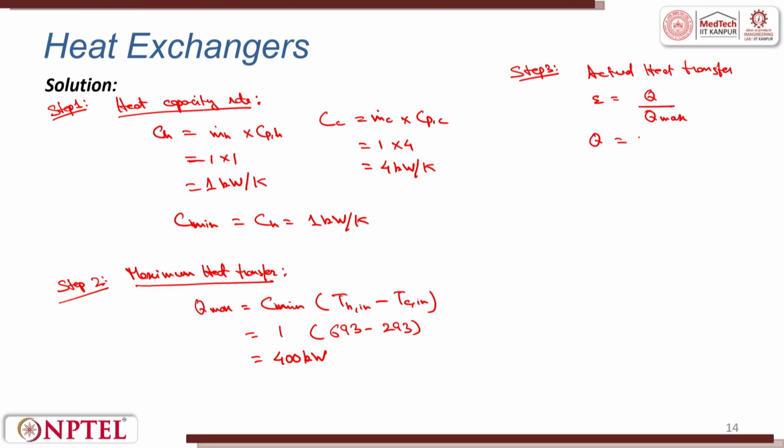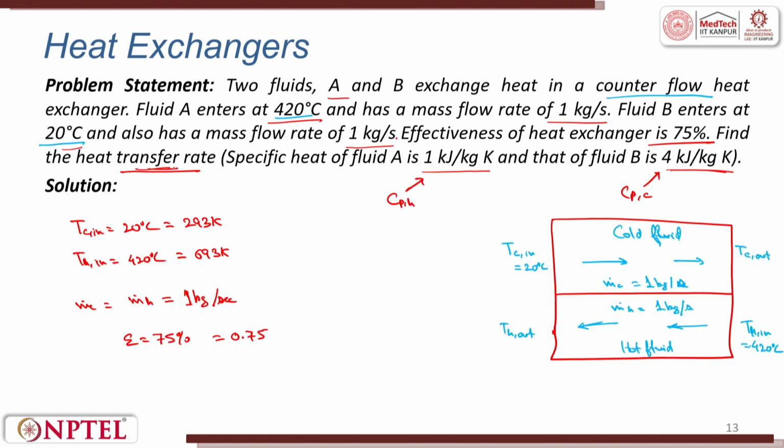Therefore, Q is equal to epsilon into Q max. This is equal to 0.75 into 400, which is 300 kilowatts. So, with this, we have calculated the actual heat transfer, that is, the transfer rate.